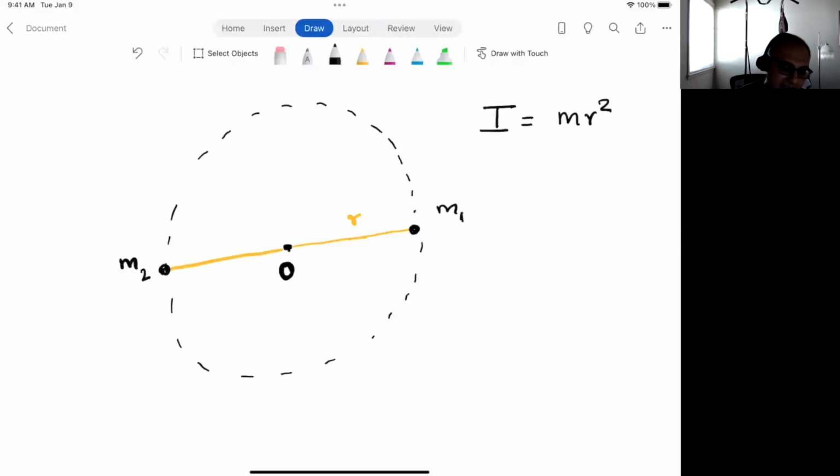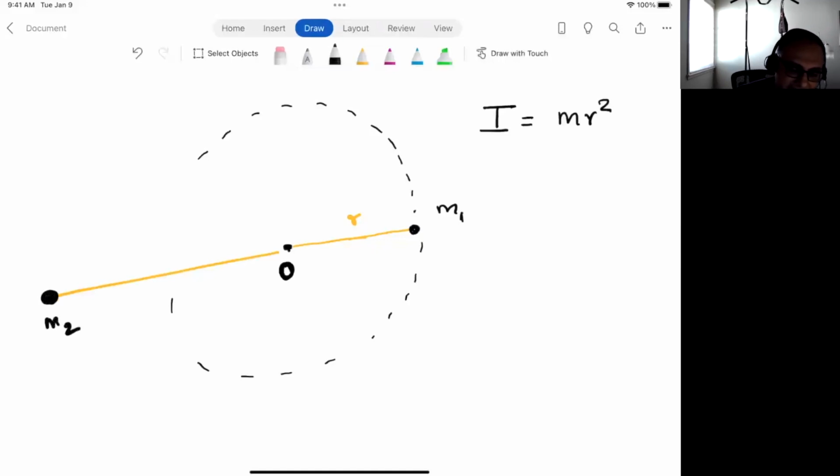Actually, why not make it a little more complicated? Why not make the other side of the rod longer? So suppose the point mass m2 is located over here. And this whole thing is pivoting around the point O.